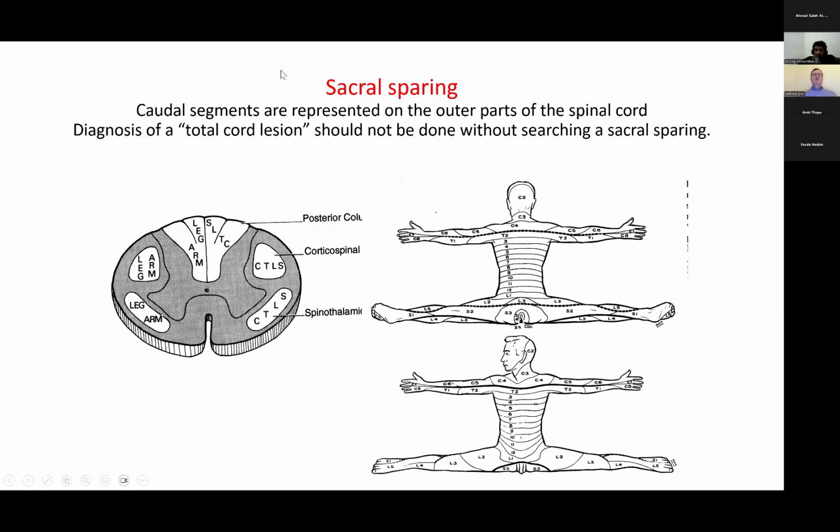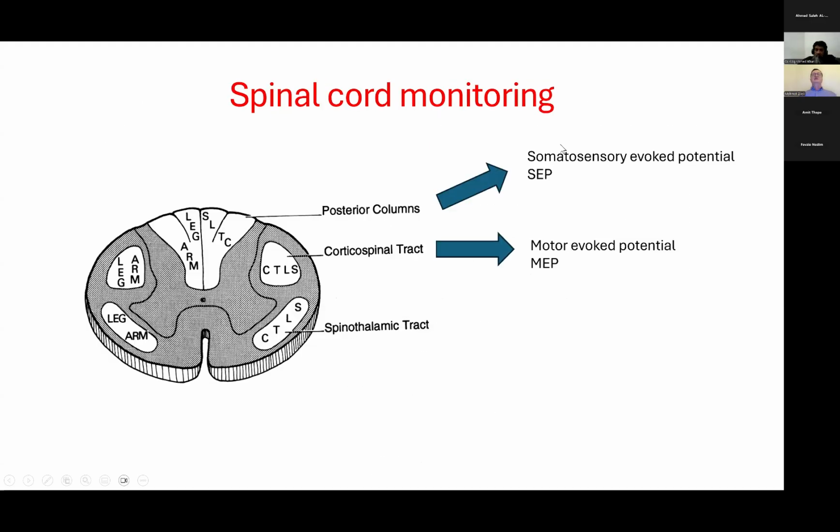So spinal cord monitoring is another issue that we use during surgeries in which we can cause neurologic compromise. There are mainly two types of monitoring.